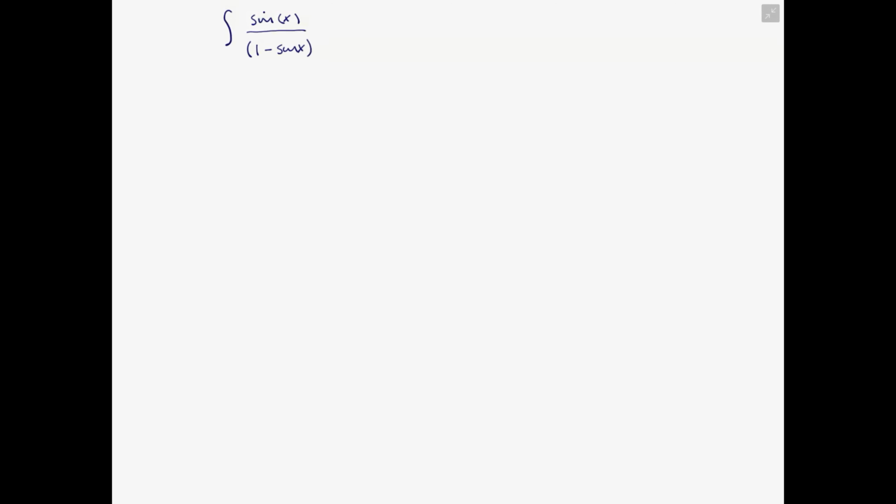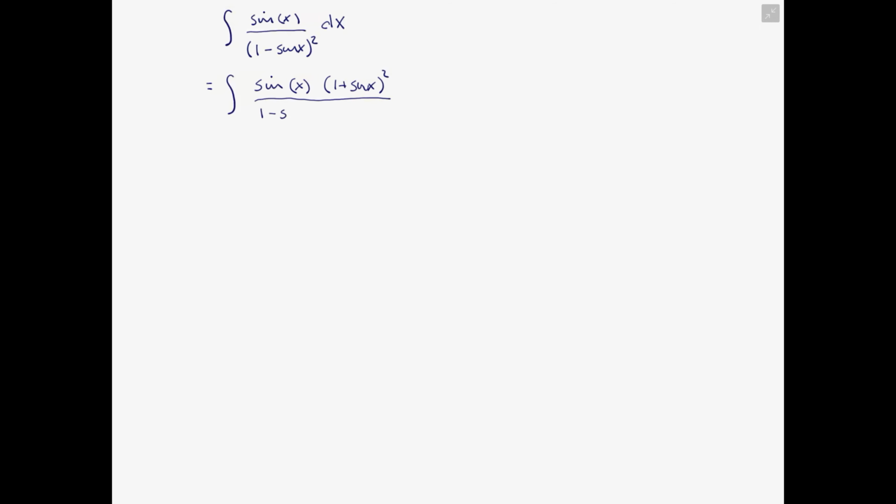Sine x over 1 minus sine x squared dx. Now, the first thing we do is multiply top and bottom by 1 plus sine x squared.